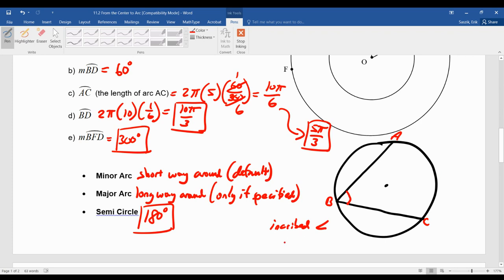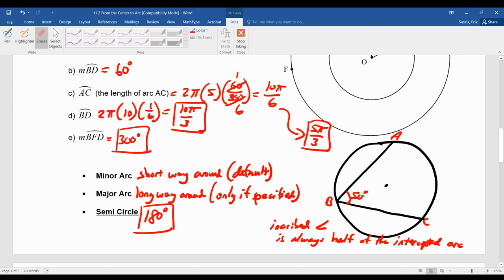The inscribed angle is always half of the intercepted arc. Okay? So if arc AC was 100, this angle would be 50 degrees.